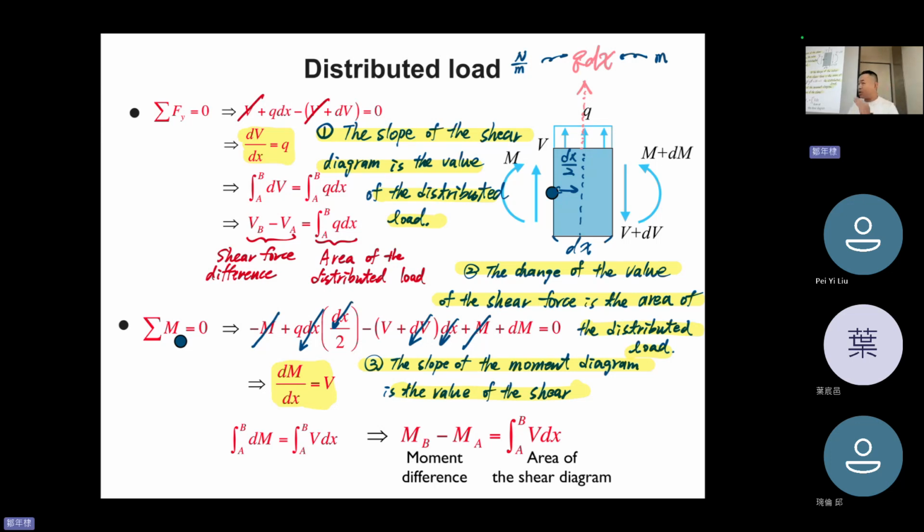The slope, the change rate of the moment, is actually the shear value at that point. Again, we do the integration for that, and so MB minus MA equals this. So the moment difference from point A to point B is actually the area of the shear diagram.